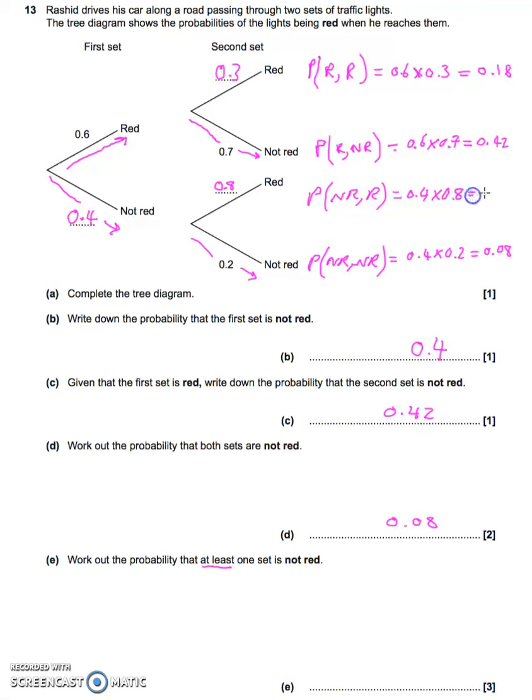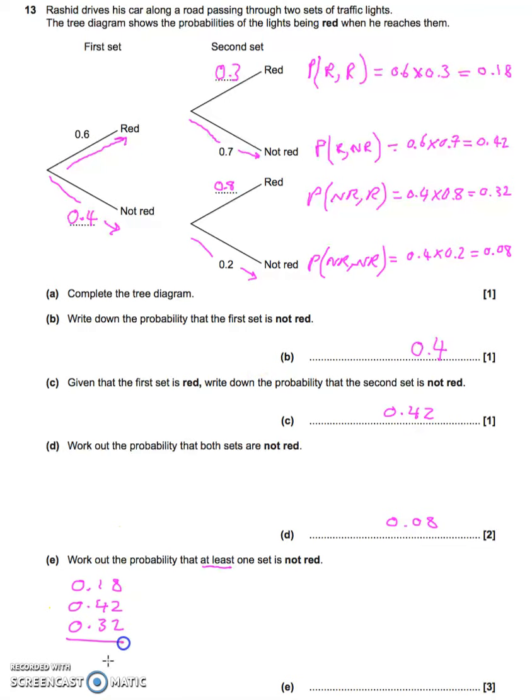That equals 0.32. Now read the question carefully again. What's the probability that at least one set is not red? We've got red, red, so 0.18. I'm going to write all these probabilities down. We've got red and not red is 0.42. And we've got not red and red, which is 0.32.